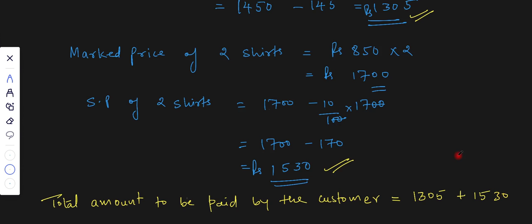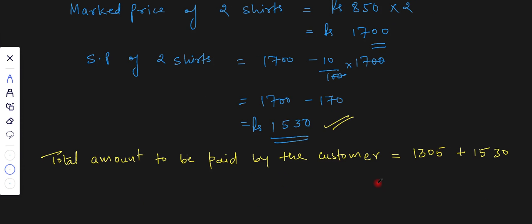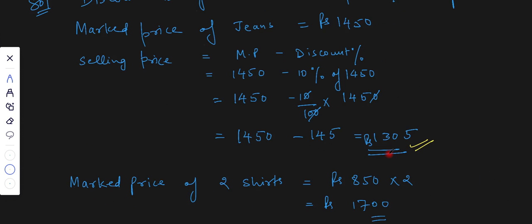So this comes out to be rupees 2835. So this is the amount that the customer needs to pay for a pair of jeans and two shirts. This is your answer.